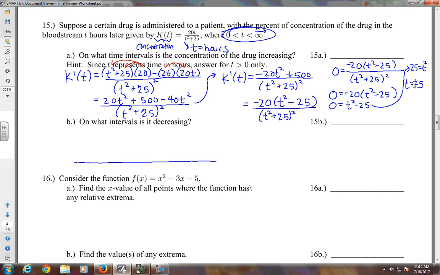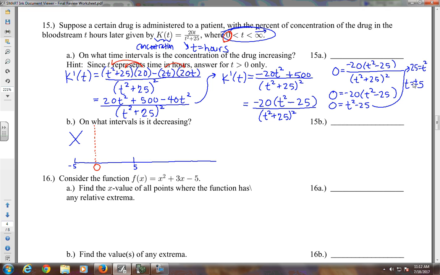So I'm going to put my left stopping point over here at 0. Again, that comes from this original restriction. The only critical point I'm going to consider is t equals 5. Remember, negative 5 is over here somewhere, but because it's not in our domain, we're not going to look that way. I'm interested in the sign of my derivative.